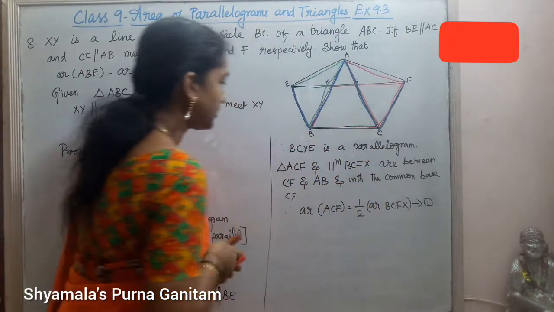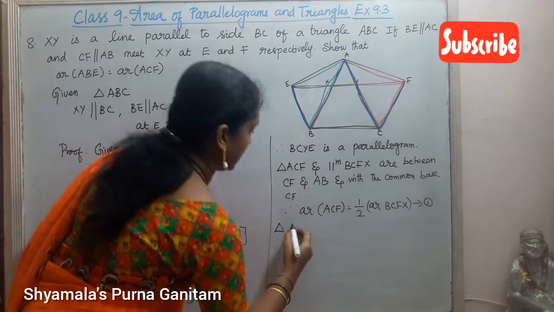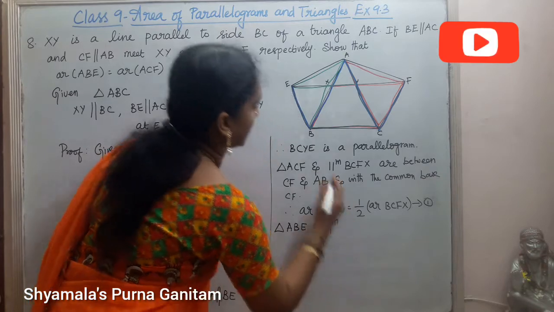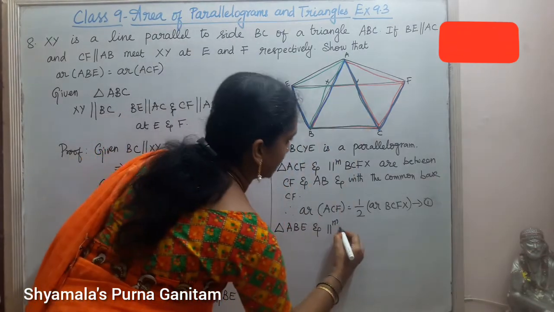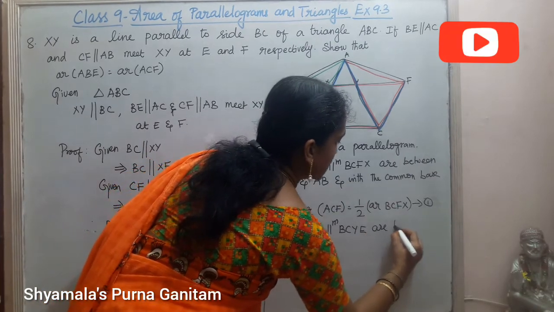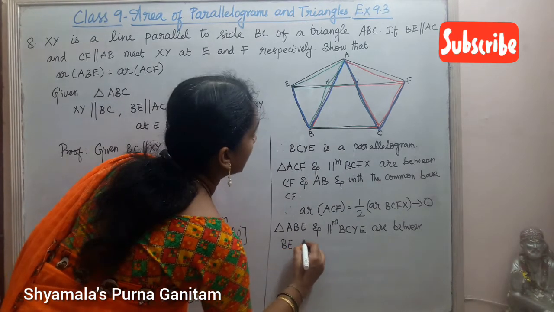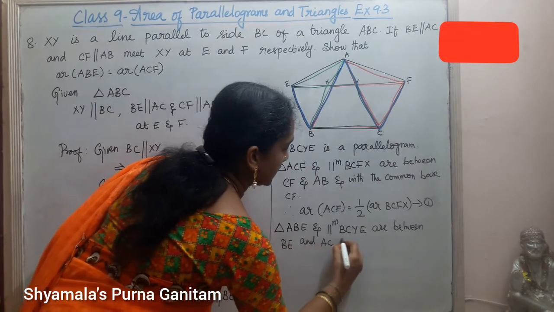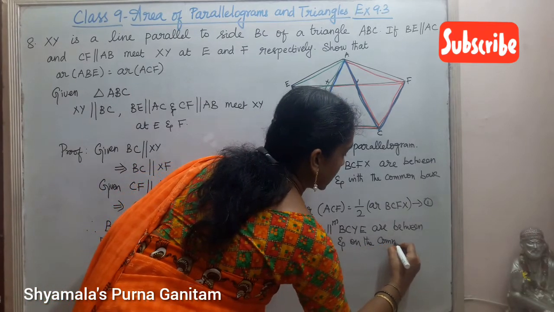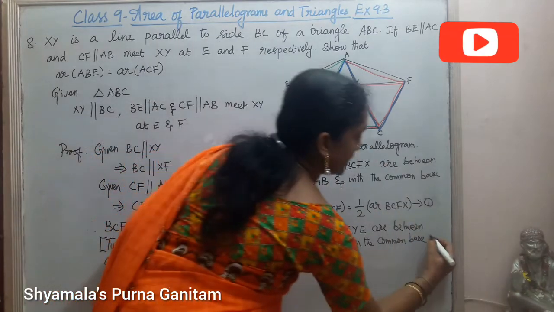So triangle ABE and parallelogram BCYE are between BE and AC, and on the common base BE.